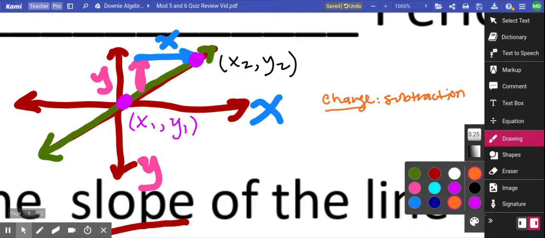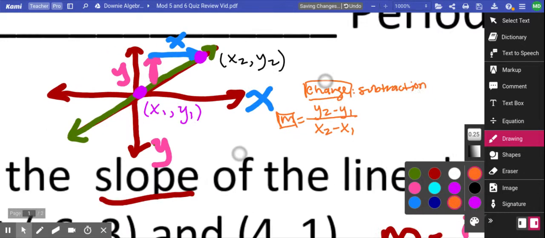So I'm going to say the change in y's, well, that's y2 minus y1 over x2 minus x1. This represents my slope, my change. So we're going to use this equation.